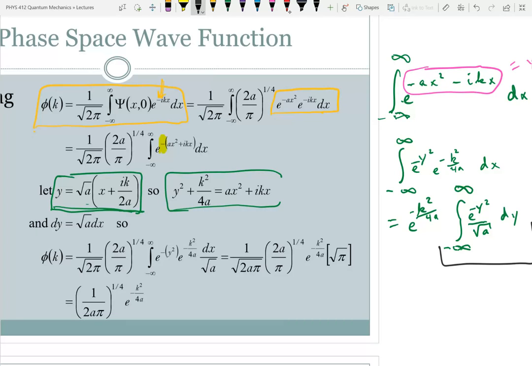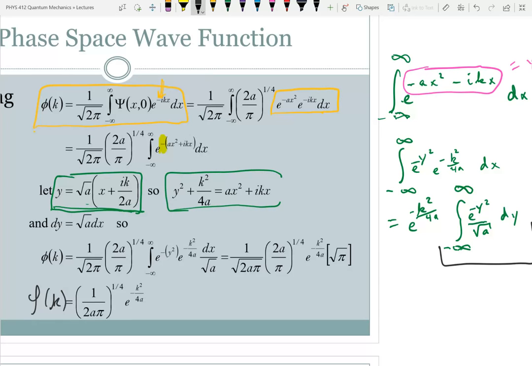So doing that whole stinking integral and then collapsing all of our square roots here, there, and everywhere, you get to the final equation that phi is equal to this Gaussian distribution in k.